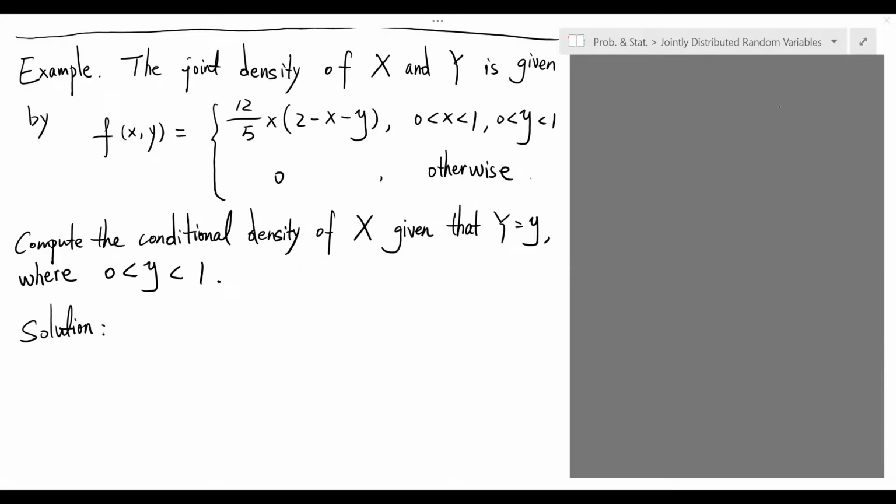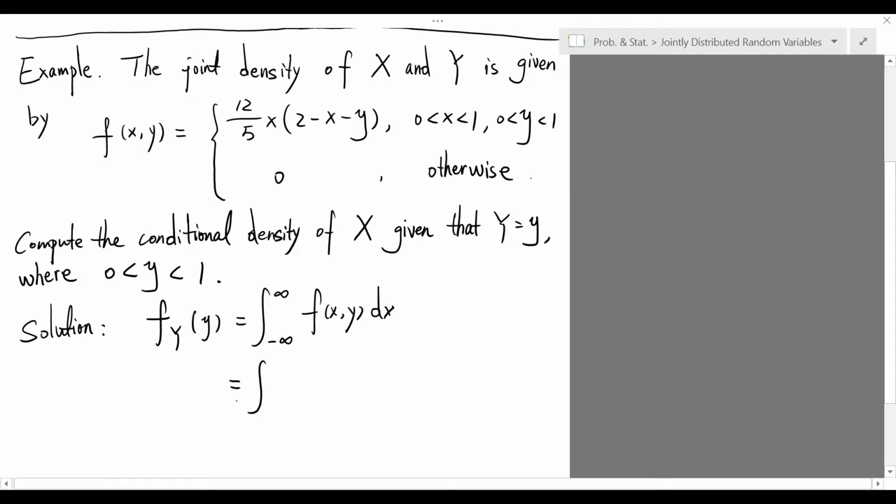To kick off the computation, we're going to find the marginal density function with respect to capital Y first, which is by definition the integral of the joint density function with respect to x. And for our concrete function, the joint density function is only non-zero in between 0 and 1, so we can limit our integration region on this interval and take the integral with respect to x.